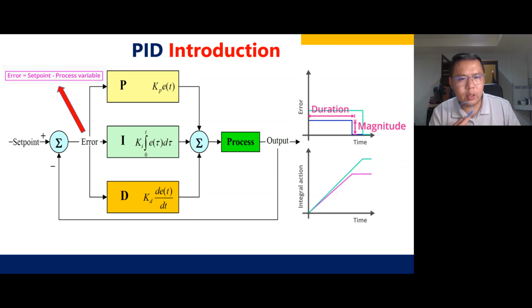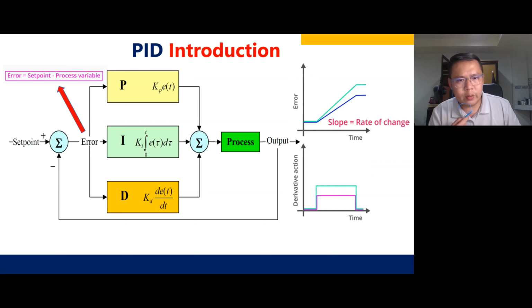That's when integral jumps in. The integral block creates an output proportional to the duration and magnitude of the error signal. The longer the error persists and the greater its amount, the larger the integral output. As long as an error exists, integral action will continue.